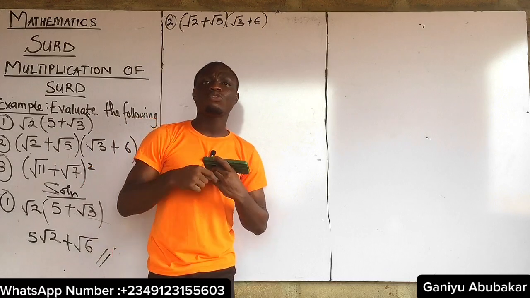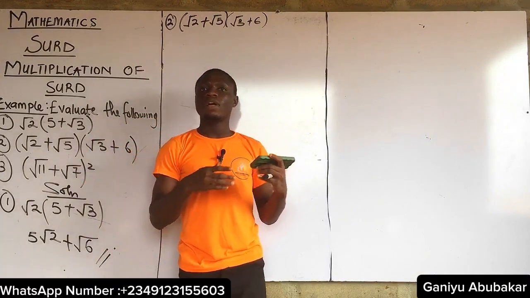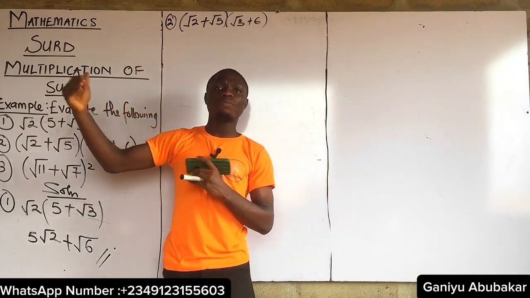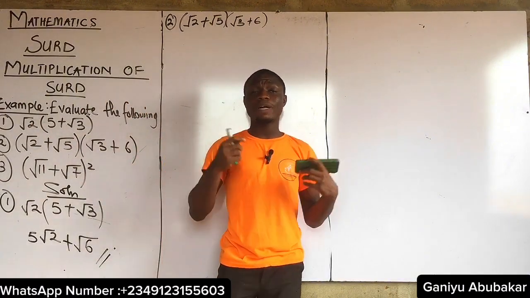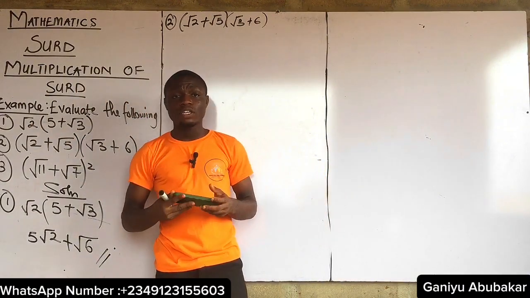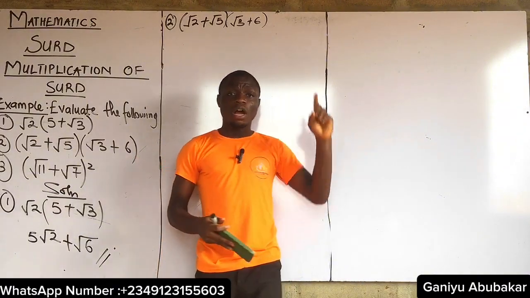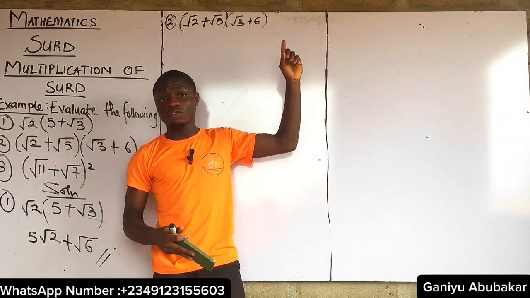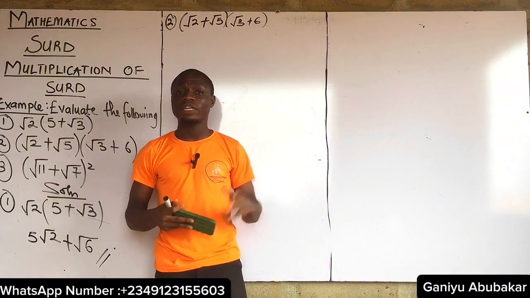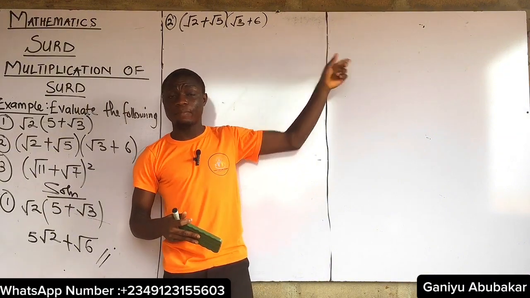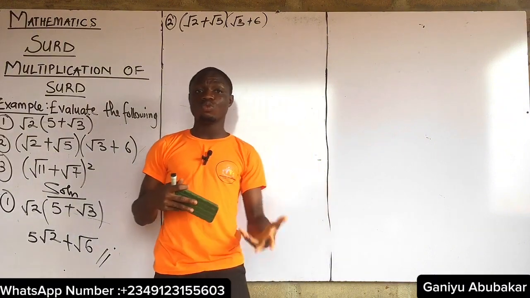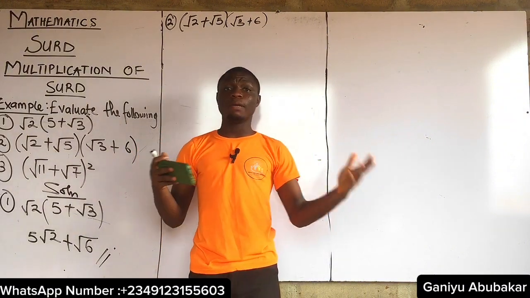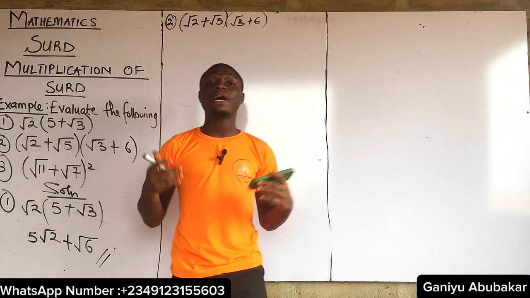If you don't know how to expand two brackets using the binomial theorem, I'll drop the link above, so you can click on the link you see above the video, and it takes you to the page on how to expand terms using the binomial theorem.